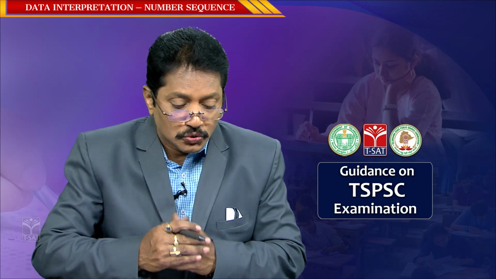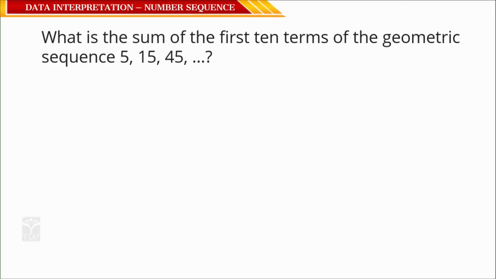Okay. So, what is the sum of the first 10 terms of the geometric sequence 5, 15, 45? Here, A equals, sorry, A equals 5 and r equals 15 by 5, which is 3.